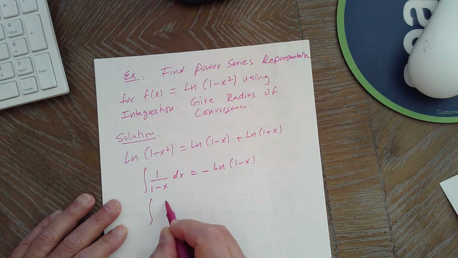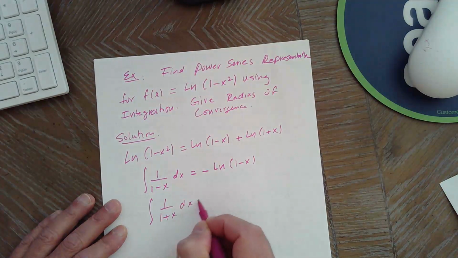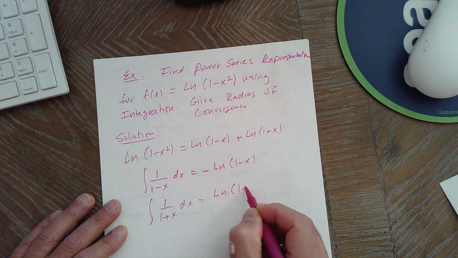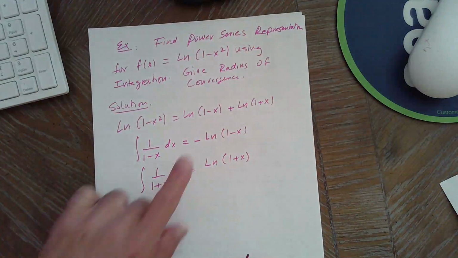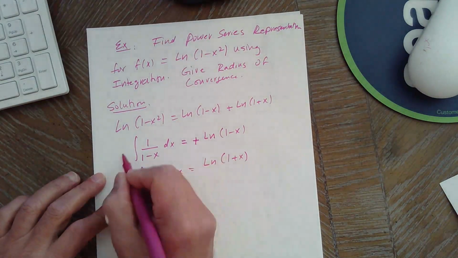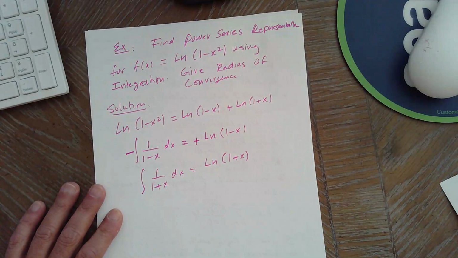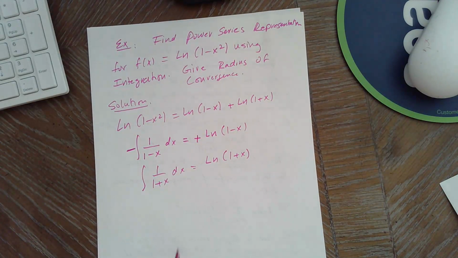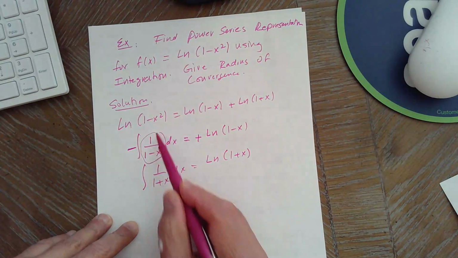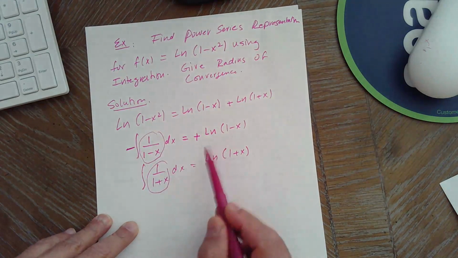And the integral of 1 over 1 plus x dx is ln of 1 plus x. So we're going to multiply this by a negative to get that. So we have this series, we integrate to get those functions.